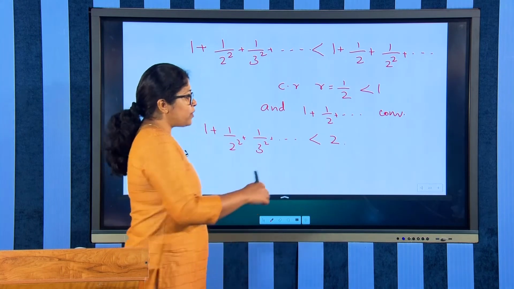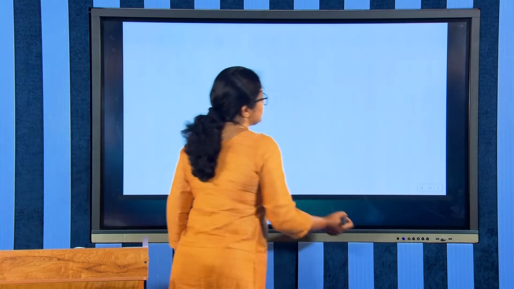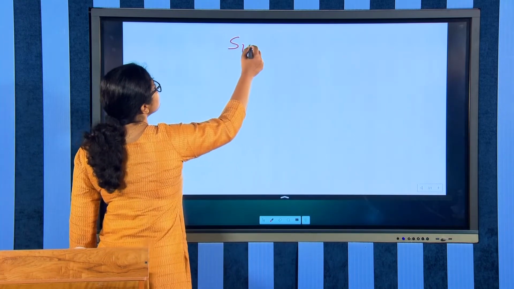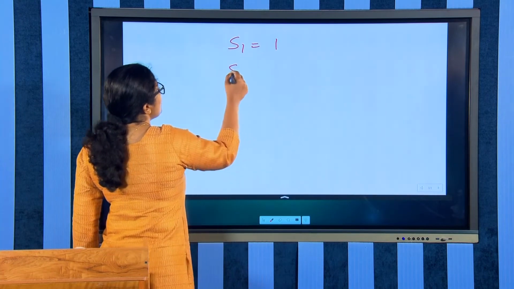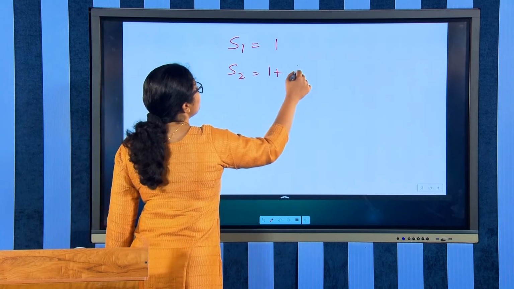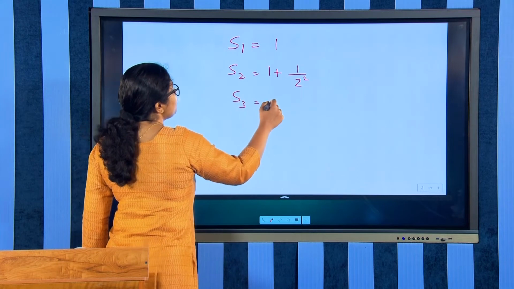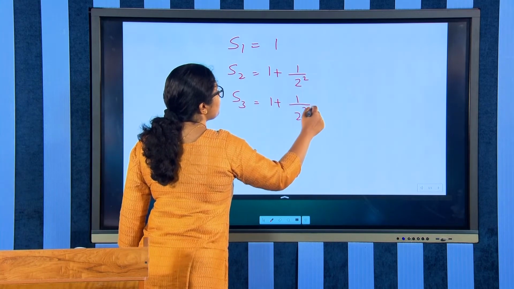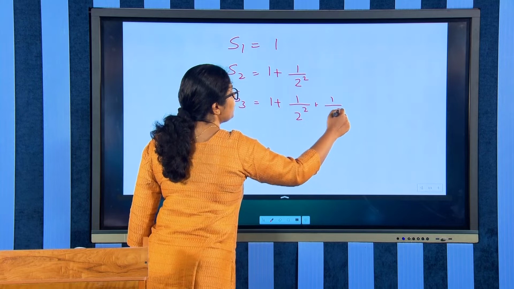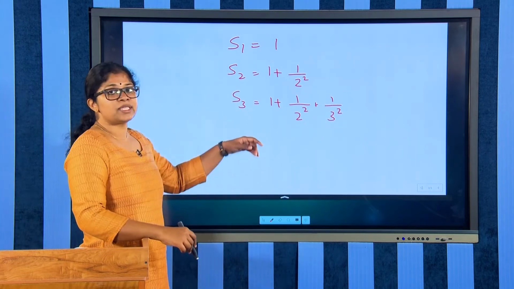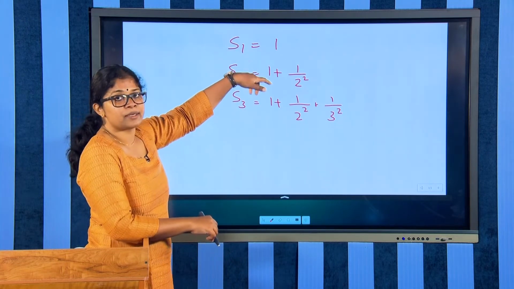And just have a look at the sequence of partial sums. The first partial sum is S1, which is 1. S2 is 1 plus 1 by 2 square. S3 is 1 plus 1 by 2 square plus 1 by 3 square. So look at the terms getting increased.